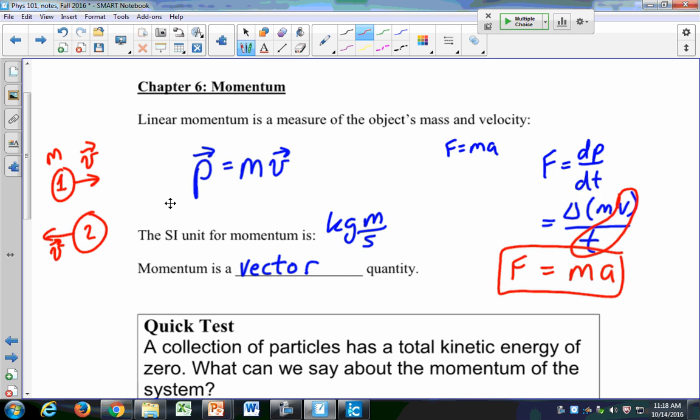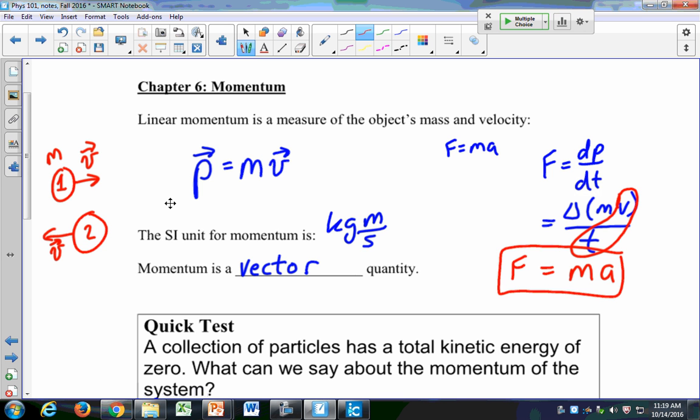Now we'll talk about the momentum of a system. If these two objects had the same mass and the same speed, what would the momentum of that system be? It would be 0. Even though they're both moving, one in one direction and one in another, this object would have plus mv and this object would have minus mv, because the velocity here is in the opposite direction.